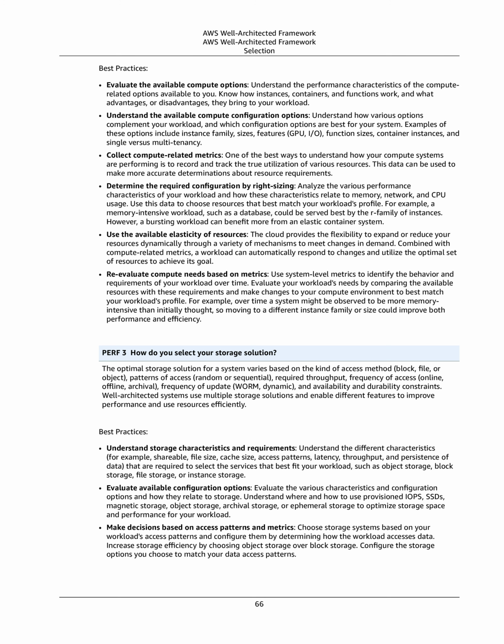Evaluate available configuration options. Evaluate the various characteristics and configuration options and how they relate to storage. Understand where and how to use provisioned IOPS, SSDs, magnetic storage, object storage, archival storage, or ephemeral storage to optimize storage space and performance for your workload.